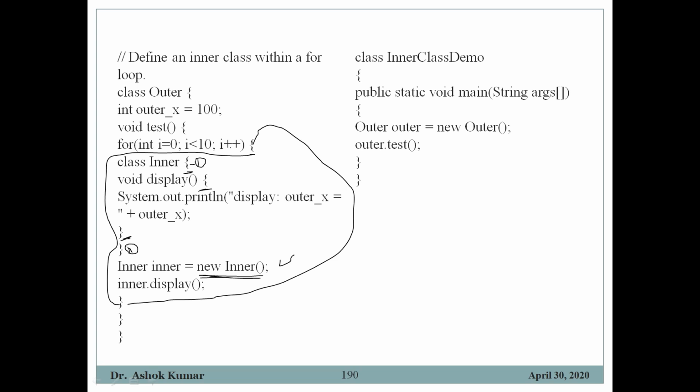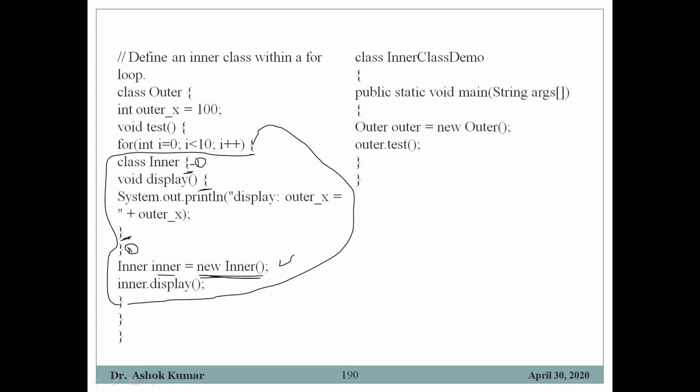With the next iteration, the value of I will change to 1, 1 less than 10 is true. Again, the body of the loop will be repeated. This is just the declaration of the class, it will be skipped. So again, the second object will be created with inner dot new inner, and that will be assigned to the inner object, and inner dot display will call the display again, and you will get 100 again.